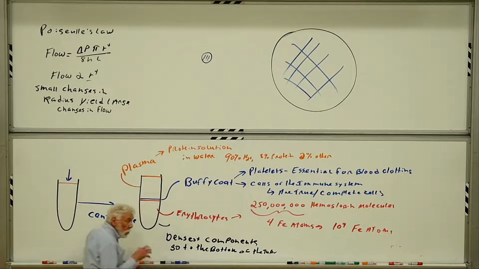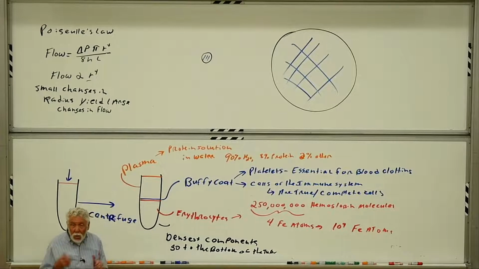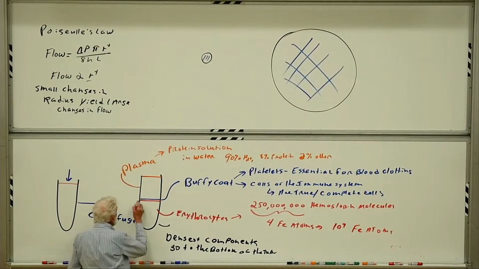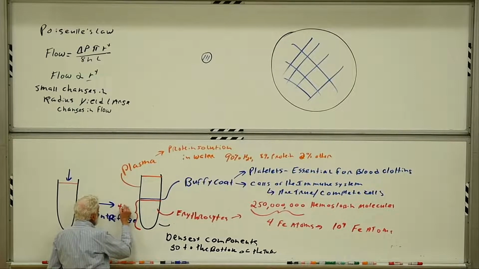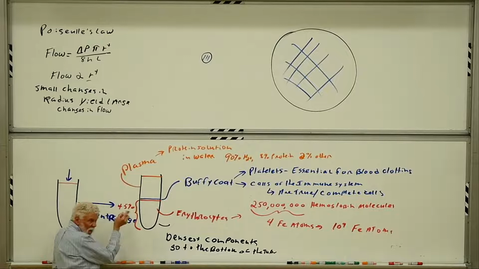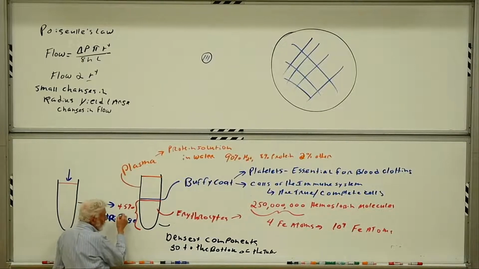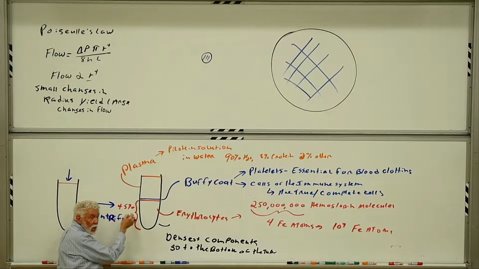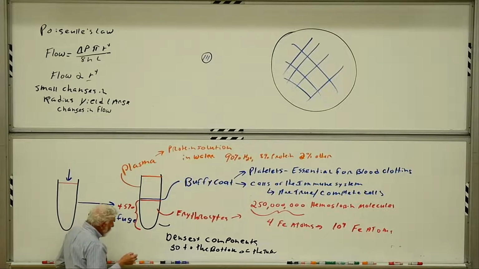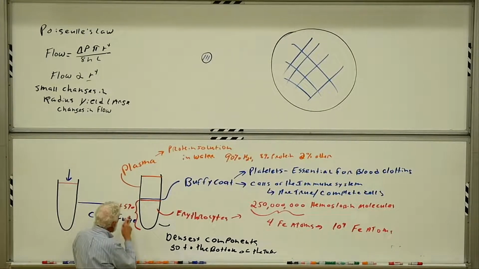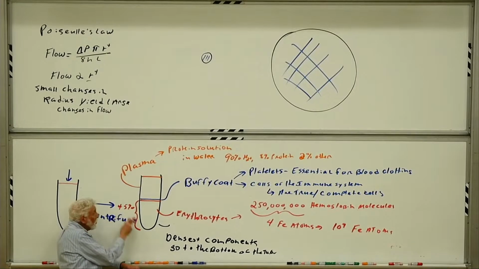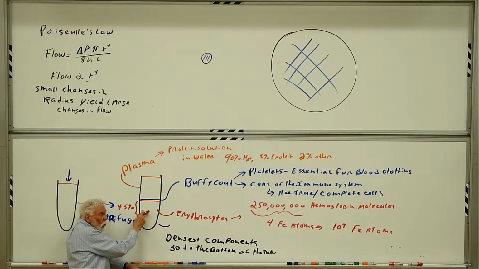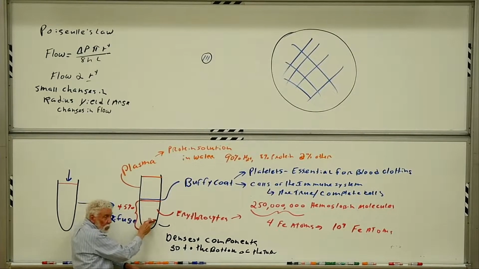But if we look at the proportion of the volume of each one of these layers, we see that the erythrocytes are about 45%. This number will vary a little bit. Maybe as low as 42, maybe as high as 46. It varies from individual to individual. Women tend to have slightly lower hematocrits than men because of the loss of blood every month with the menstrual cycle. But nonetheless, more or less, 42 to 46% of the blood is erythrocytes.